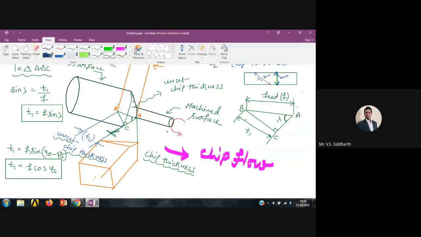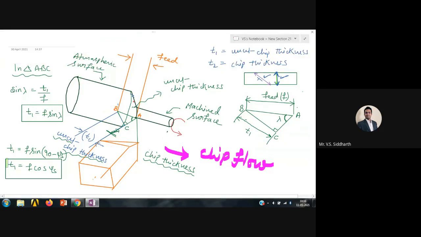Here we have one formula: T1, which is uncut chip thickness, is F cos psi s. If feed and side cutting edge angle are known, then you have to calculate the uncut chip thickness with the formula T1 equal to F cos psi s. If psi s is not given, then you will assume that the cutting is orthogonal cutting and psi s will automatically be 0. So you will take T1 equal to F, because that is T1 equal to F cos 0.